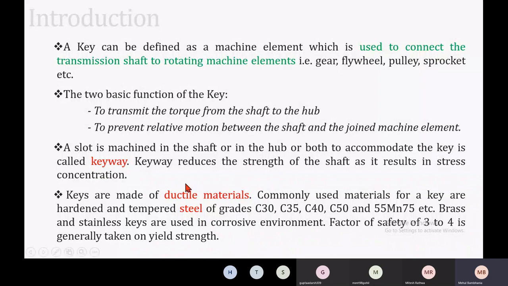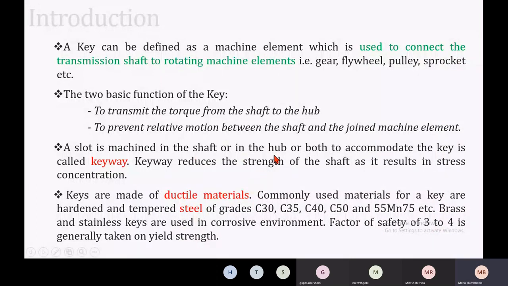Now where this key is located, to facilitate the key, we have to machine some slot in the shaft as well as the hub.